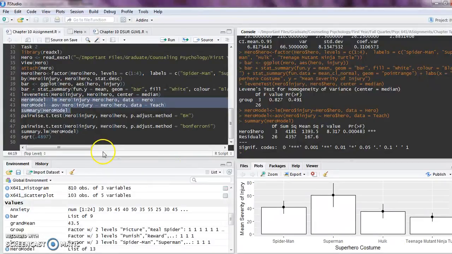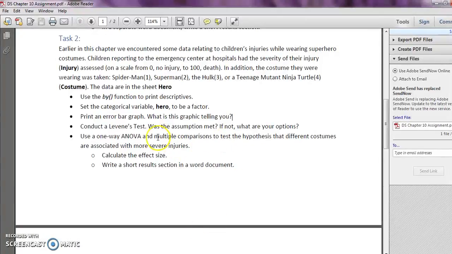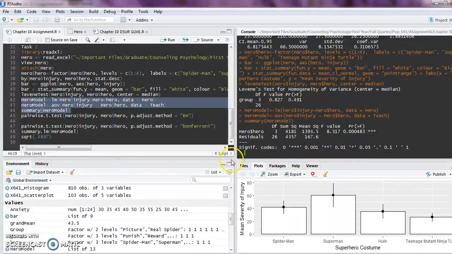I was also informed that we didn't necessarily have to do the post hoc test, but I'm gonna run it anyway to show y'all I know I can do it. So it asks us to conduct multiple comparisons to test the hypothesis that different costumes are associated with more severe injuries. The reason why we're doing it is because when we just run a one-way ANOVA, it doesn't tell us which group does what.